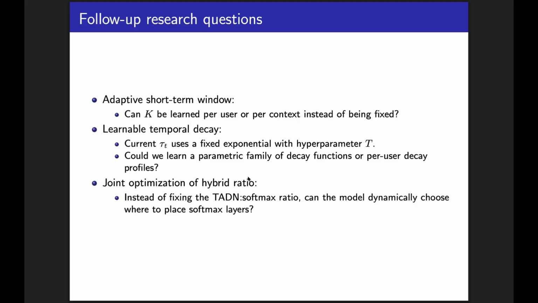Do we have to fix it a priori? 7-1, 3-1, whatever it is? Or can it instead be something dynamic that the model can choose by itself? So these are all questions that would make the model more independent from our own hard-coded choices.